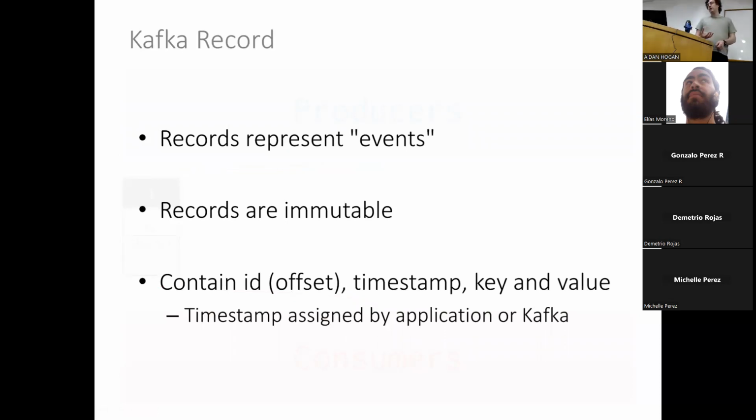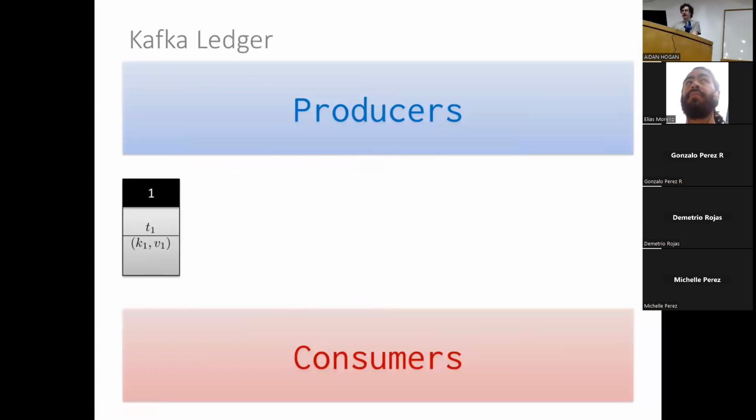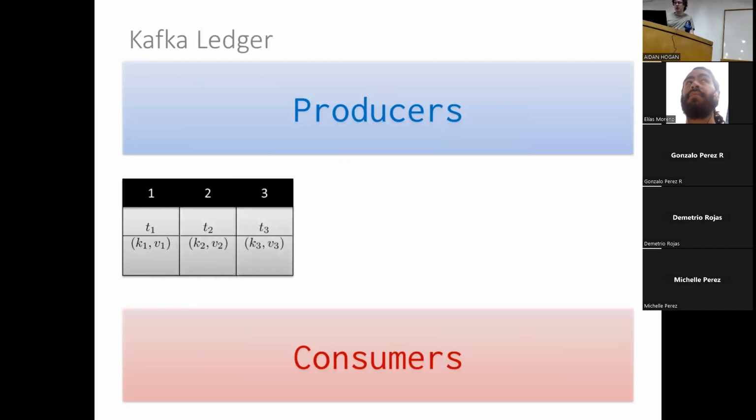Records are immutable, so once they're written, we're not going to change them ever. They contain an ID or offset, a timestamp, a key, and a value. The timestamp can be assigned by the application or left to Kafka, which will associate a system time with the messages.